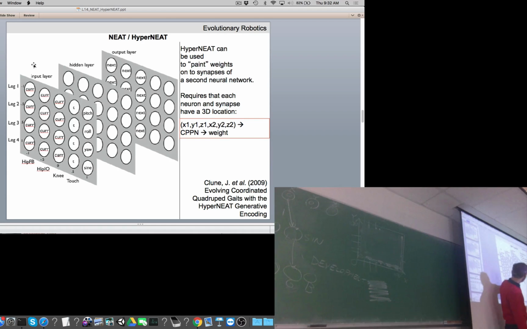Let's take the synapse that connects this neuron to this neuron. So we've got this synapse here. Let's take the midpoint of that synapse, which exists in three-dimensional space. Remember, this network is sitting in three-dimensional space. Take the midpoint of that synapse, which gives us an XYZ, pass that into a CPPN. It produces a single output, now W.